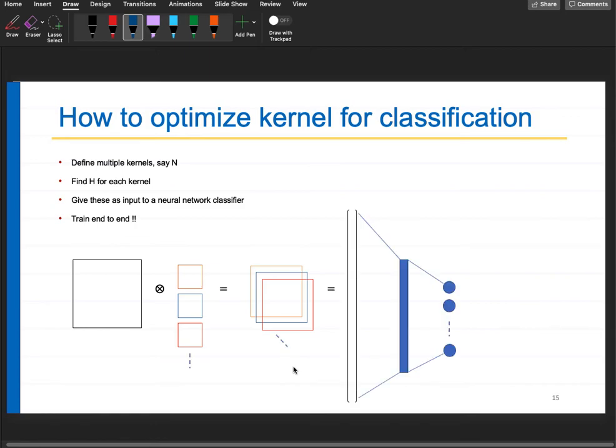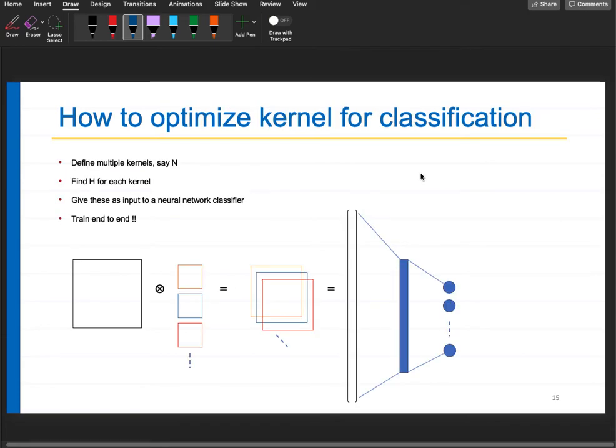Then what do you do? You take all these outputs and put them in a vector. You can just convert the whole tensor into a single vector, flatten it, and then give it as input to your neural network. Let us say it has a single hidden layer followed by an output layer, and then you optimize your network end to end, which means this is your output and this is your input, and optimize with respect to all the weights, these kernel weights as well as the hidden layer weights, and that's it.